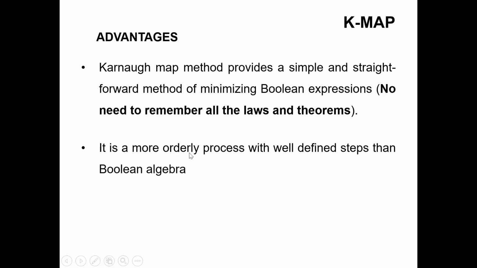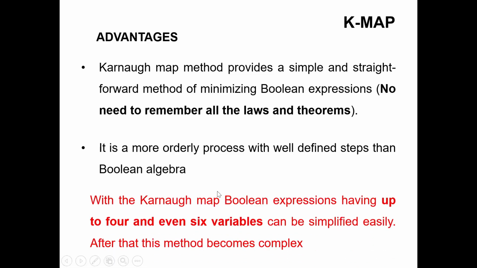It is a more orderly process with well-defined steps than Boolean algebra. With the K-map, Boolean expressions having up to 4 and even 6 variables can be simplified easily. After that, this method becomes a bit complex.